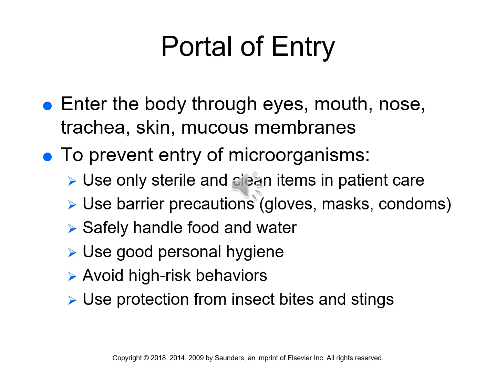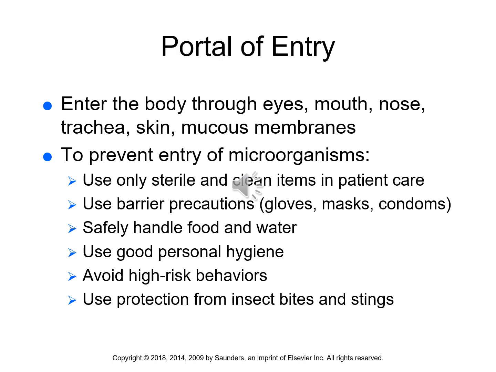Okay, portal of entry, that's how the pathogen enters the susceptible host. So the pathogen can enter a susceptible host through any body opening. So through your eyes, your ears, your mouth, your urinary meatus, your rectum, the vagina, any mucous membranes, the skin.